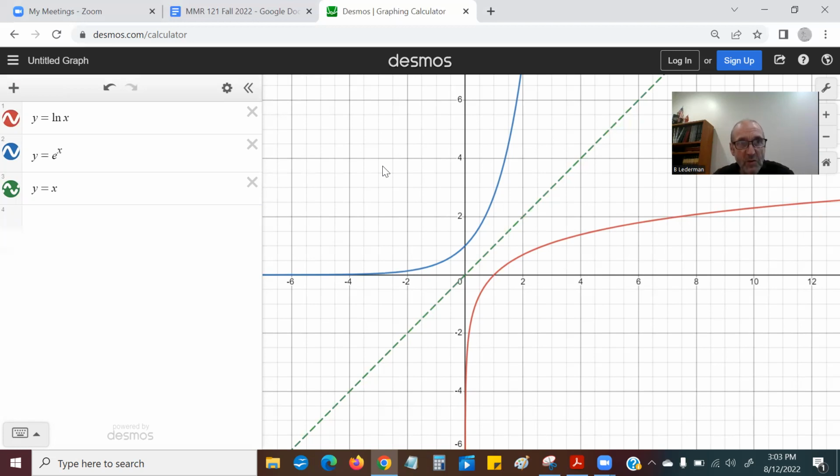Now I happen to choose ln and base e. But I could have chosen any base.